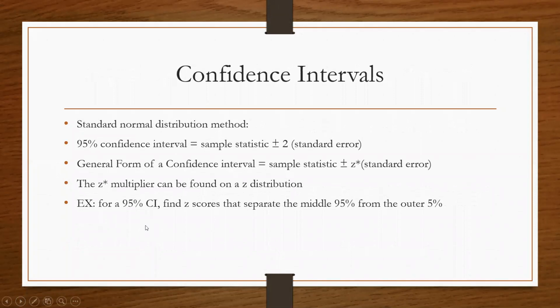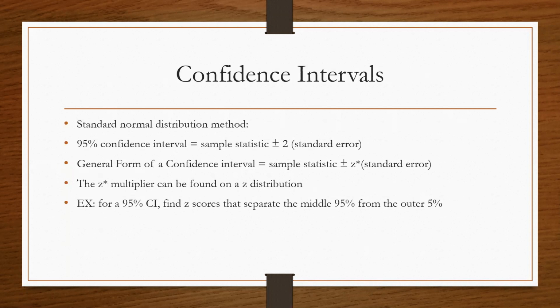So confidence intervals. When using the standard normal distribution method, the 95% confidence interval is equal to the sample statistic plus or minus 2 times the standard error. The general form of a confidence interval is sample statistic plus or minus the z multiplier times the standard error. And then the z multiplier can be found on the z distribution.